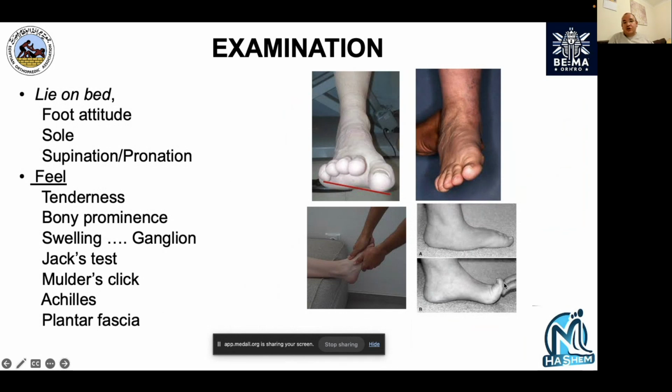That's why when you dorsiflex the toe at the MTP joint, you pull in the fascia, and if the fascia is intact, the arch will be maintained, or the arch will be formed. So Jack's test is basically to test the integrity of the plantar fascia. And once you do the windlass action, when you dorsiflex the toe, the whole plantar fascia will be in tension, and that's the time the longitudinal arch will be formed.